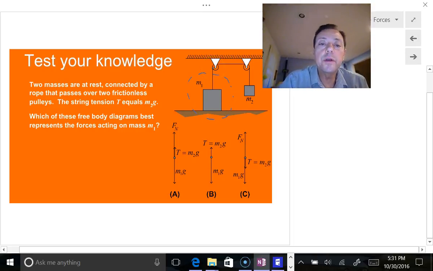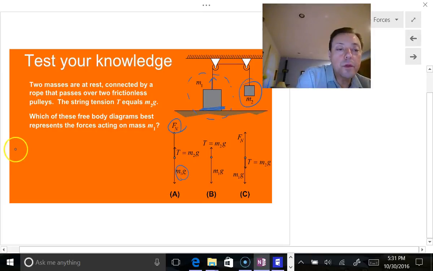We have a surface here pushing up, that's Fn acting upward. We have a tension in the string, which is really the weight of M2, so M2G, which is going to pull up on this. So we have 2 forces acting in the upward direction, and the weight is M1G.